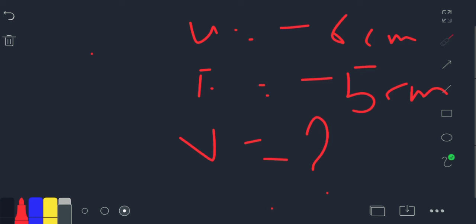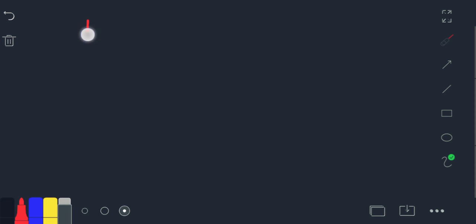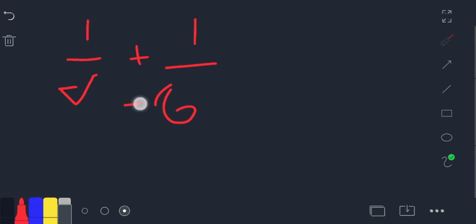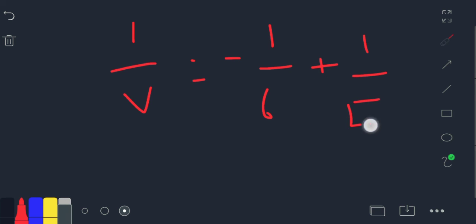So we'll put this in our mirror formula: 1 upon v plus 1 upon minus 6 is equal to 1 upon minus 5. Just take screenshots. So 1 upon v is equal to minus 1 upon 6 plus 1 upon 5.